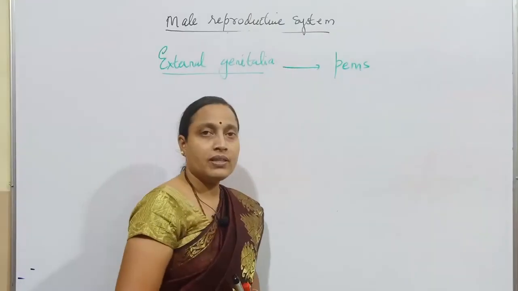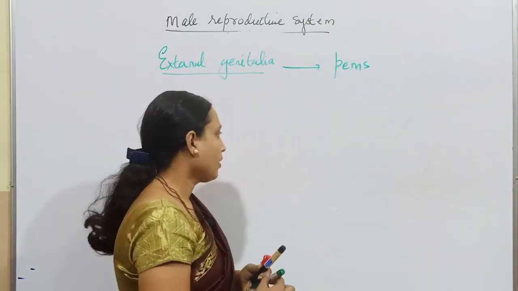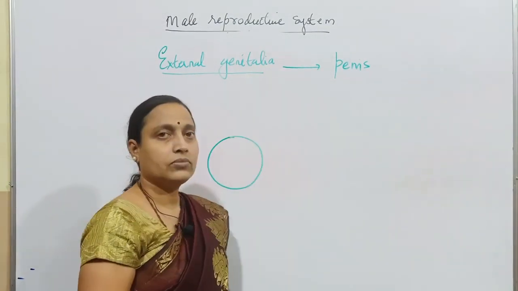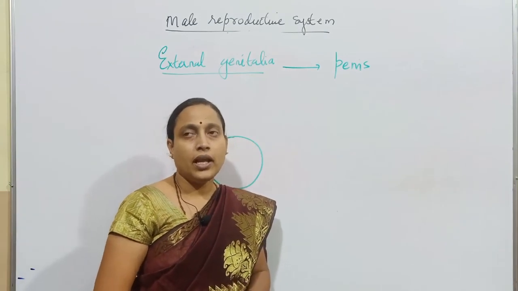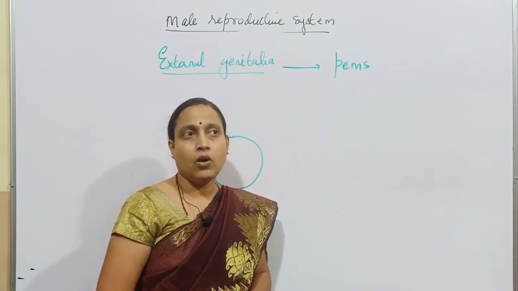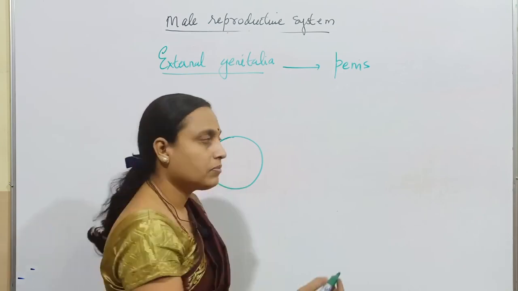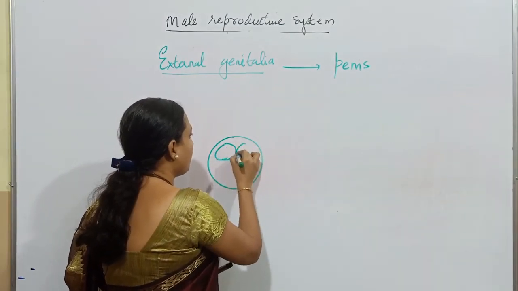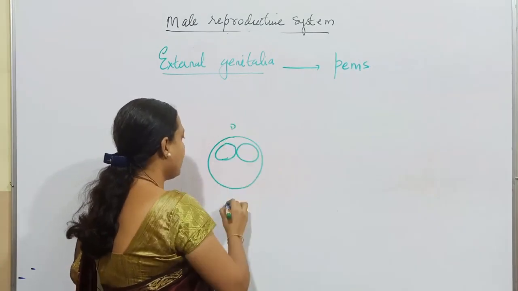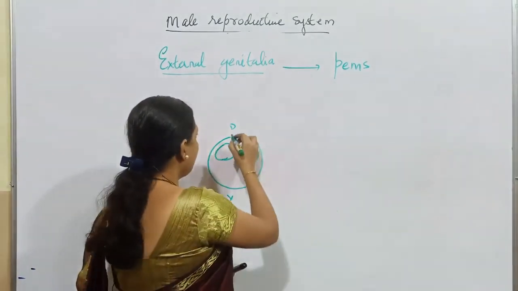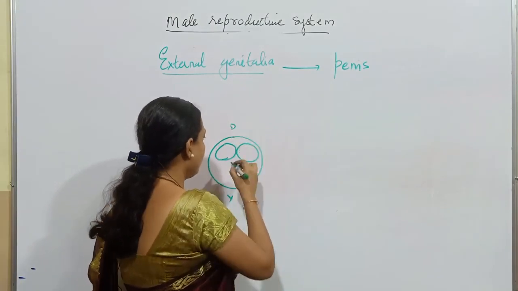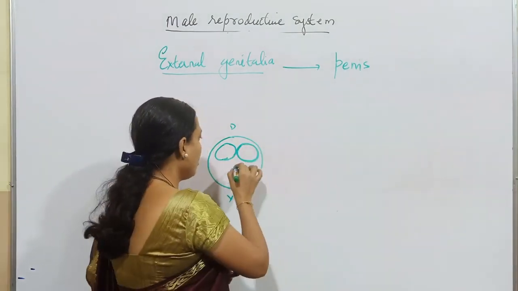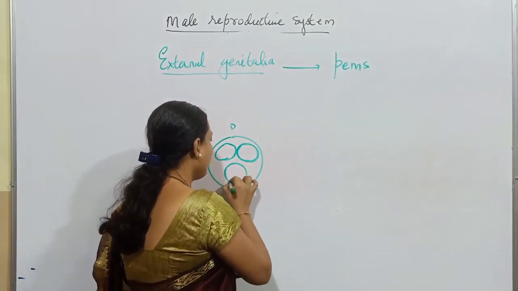So the penis is considered the external genitalia. Now the cross section of the penis will have three bundles or bands of erectile tissue. Two of them are present on the dorsal side, that is up, above, and one is present on the ventral side, below.